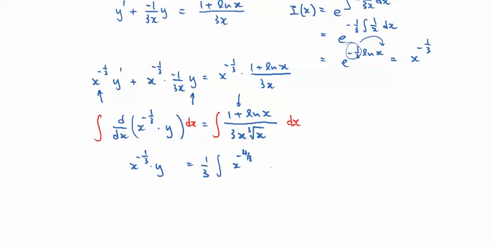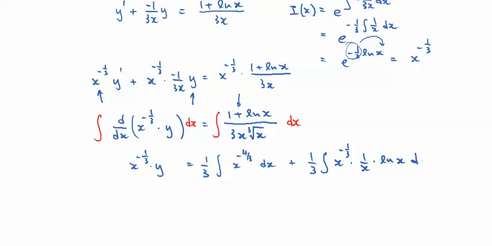So that's one part. And for the second part, I will have 1/3, 1 over x. Well, I will put 1 over x in the middle: x to the negative 1/3, 1 over x and ln x dx.